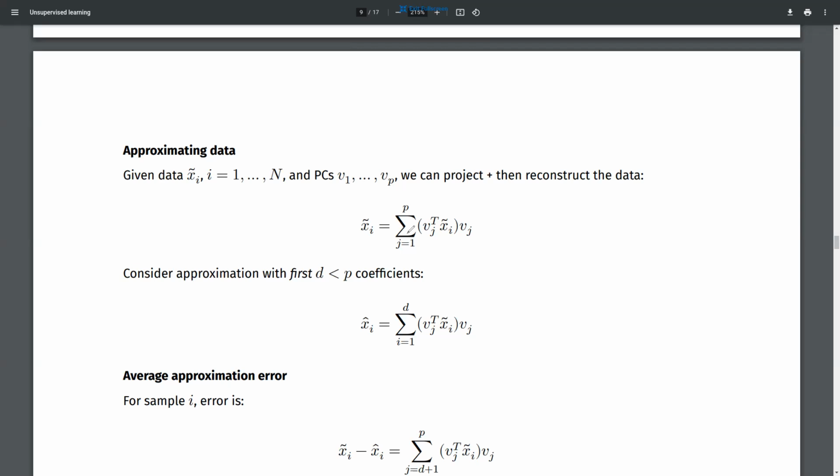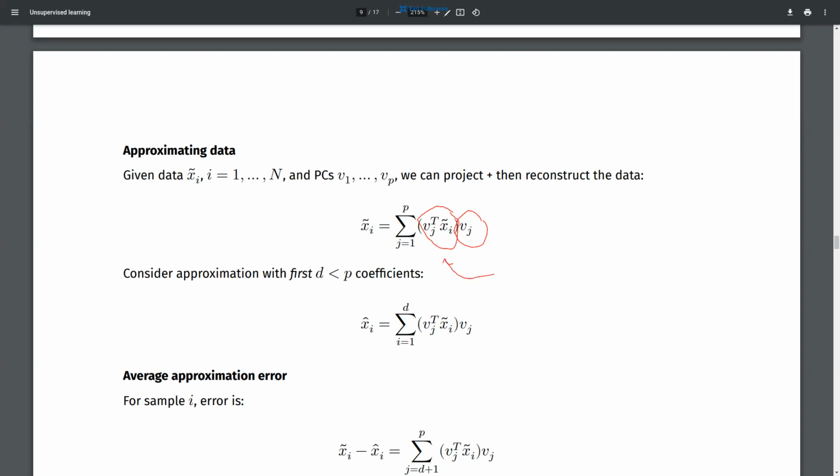When we construct the image out of principal components, we compute this number, which is V transpose times the mean removed image. And this is a scalar quantity. And then we multiply that by the eigenvector, so the principal component. So when I say the magnitude of a particular principal component, I'm referring to this scalar quantity.